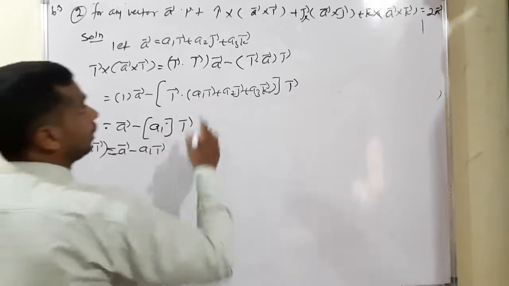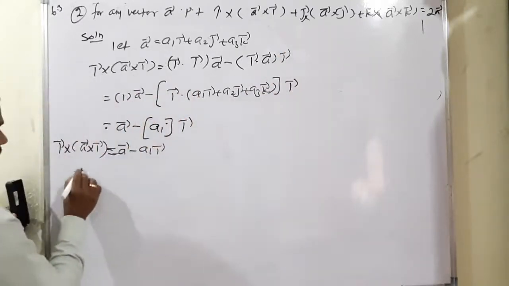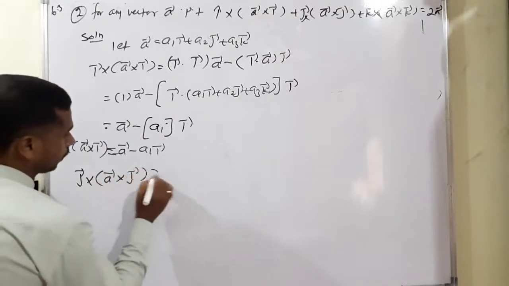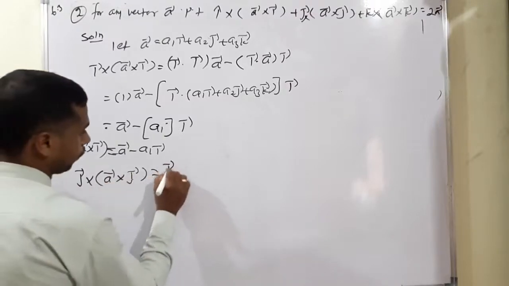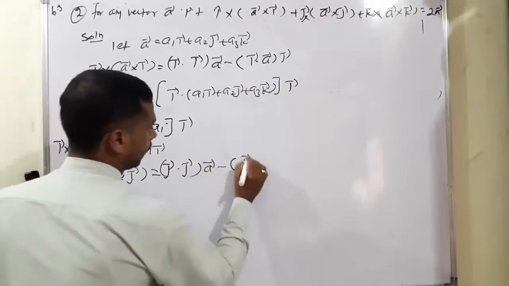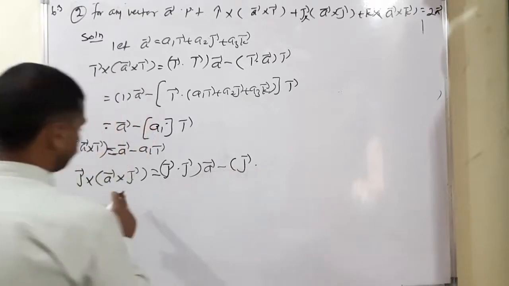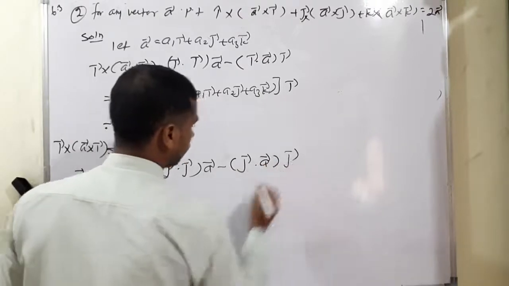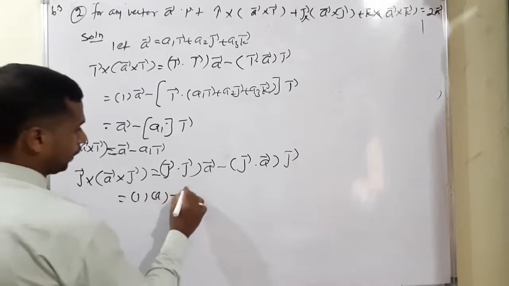Next condition, similarly, J vector cross (A vector cross J vector). Same vector triple product expansion. First we have to skip the A vector. Therefore, J vector dot J vector, then A vector, minus again J vector dot A vector, outside J vector will come. This is also the same: 1 into A vector, then minus.